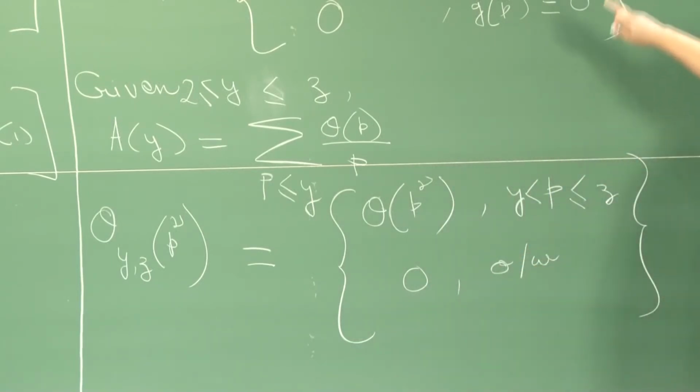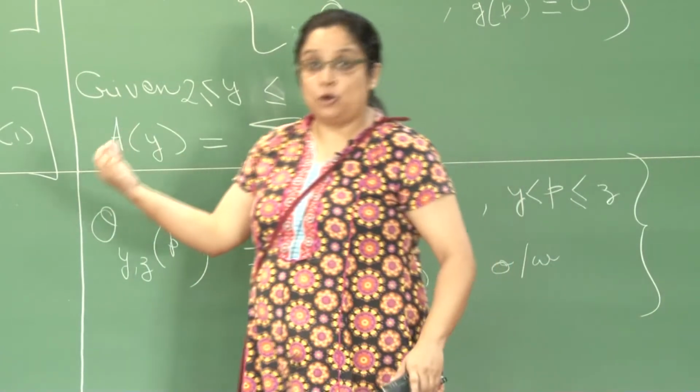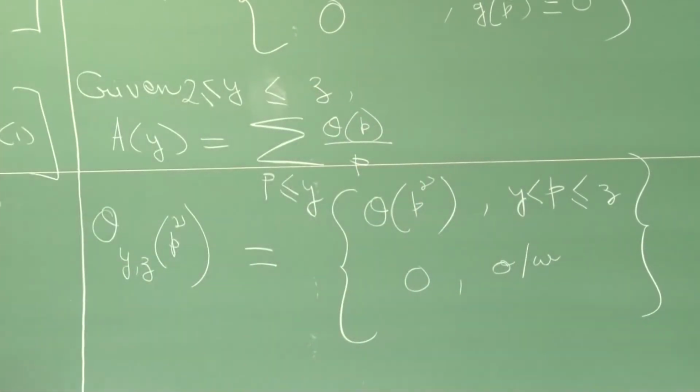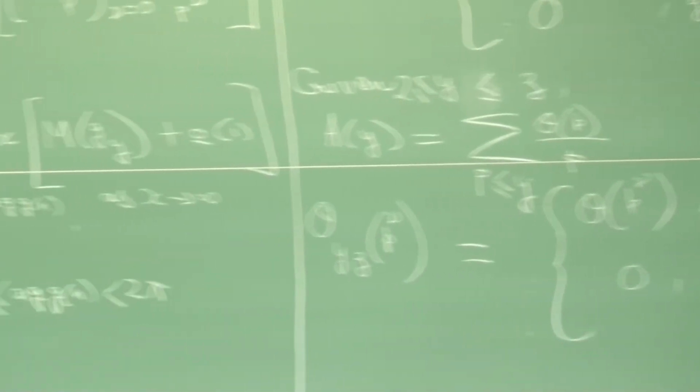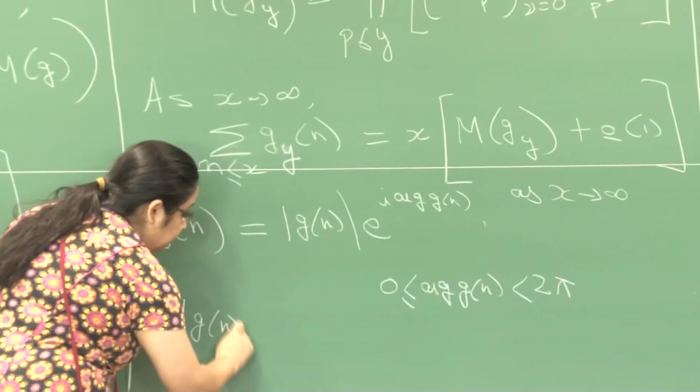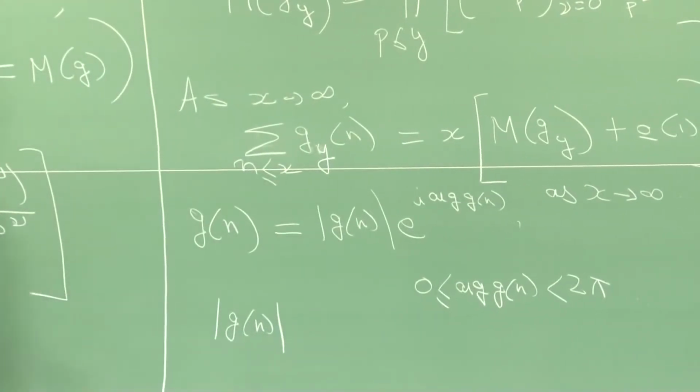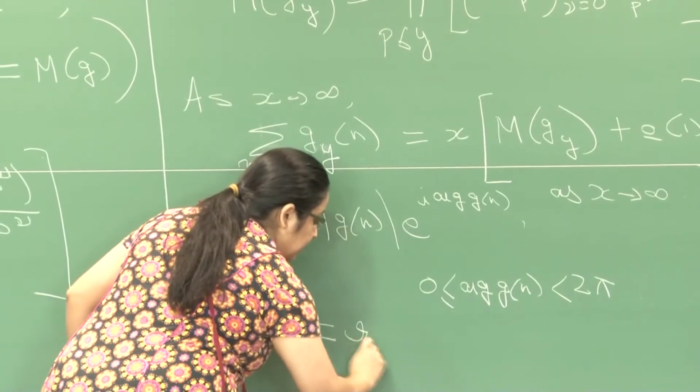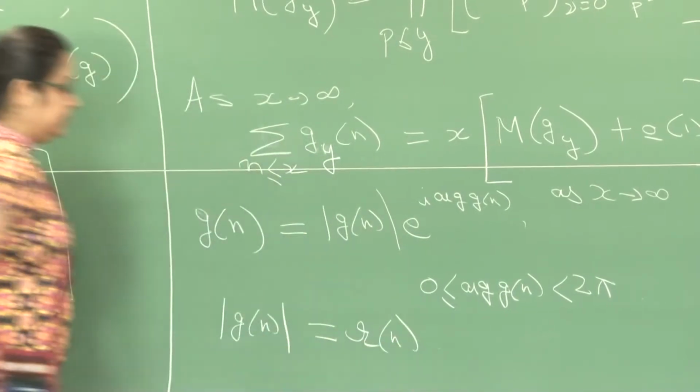Now, so far we have been focusing on the argument, but there is also the absolute value, the modulus of the function. So, we denote that absolute value of g of n for any natural number n by r of n.